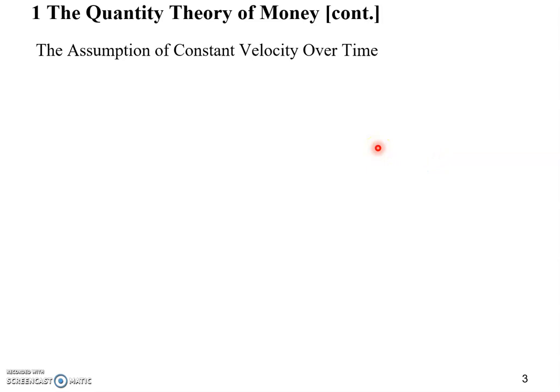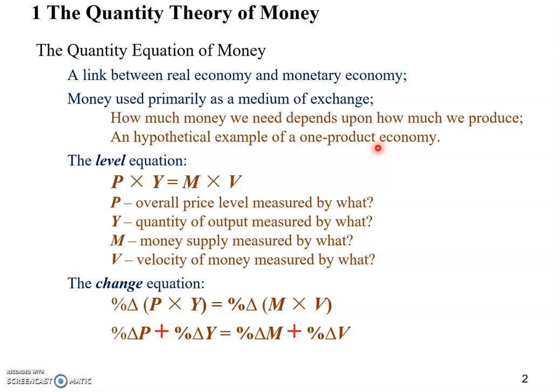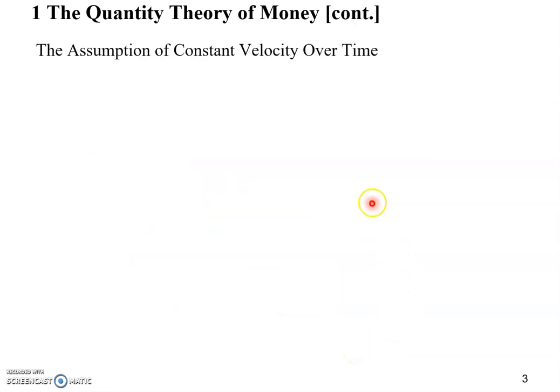Now, to continue our discussion, especially about this percentage change equation, we're going to make a strong assumption, which says constant velocity over time. In other words, the number of times a typical dollar bill changes hands doesn't change over time. It stays constant. Again, this just helps us simplify our analysis, okay?